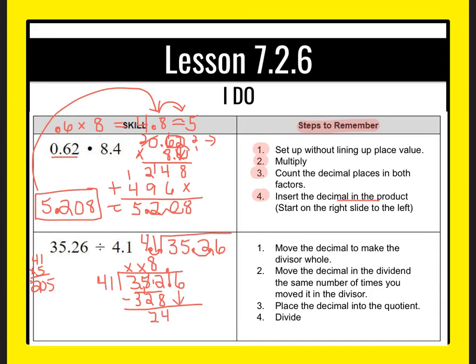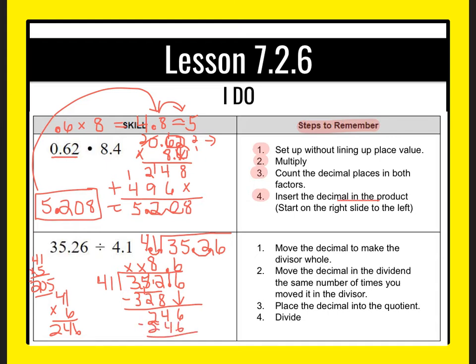I have to bring down my 6, so 41 times a number has to get me close to 246. Well, I know that 41 times 5 is 205, so gee, I'm going to try 41 times 6. Oh, thank you, Miss King. That was easy. As soon as I multiplied 41 times 6, that gave me 246, exactly what I needed.